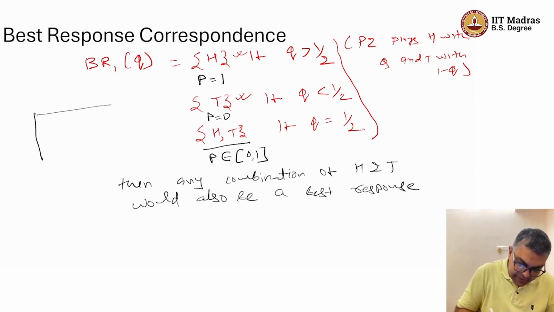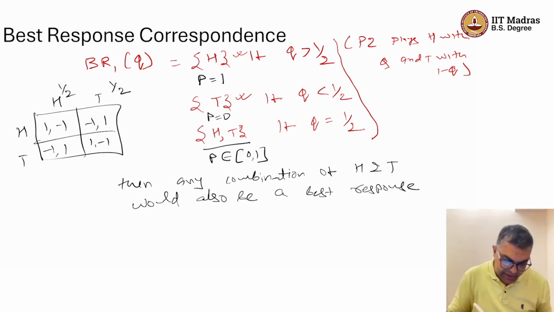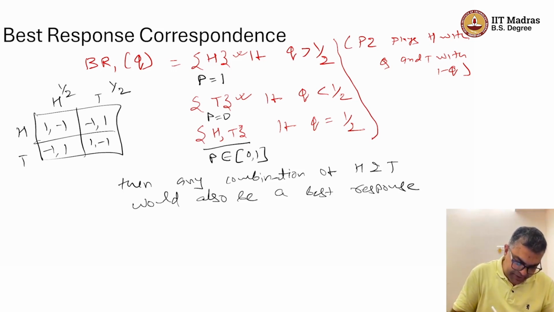Let us say here we have h, t, with payoffs 1, minus 1, minus 1, 1. Player 2 plays with probability half and half, and player 1 is playing h with, let us say, 1 by 4 and t with 3 by 4.